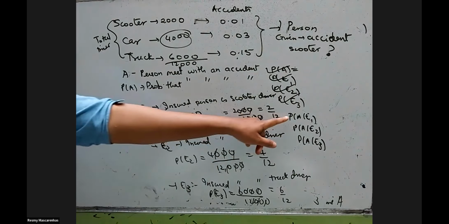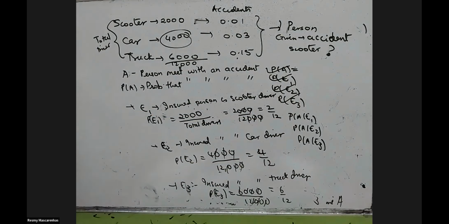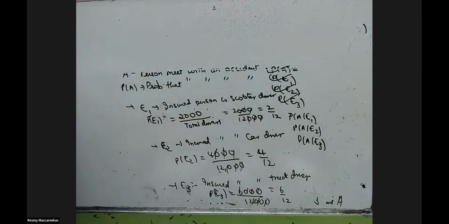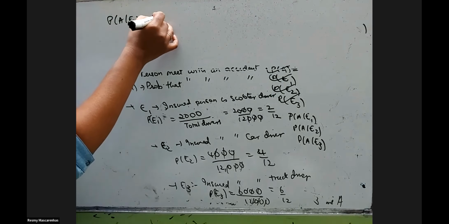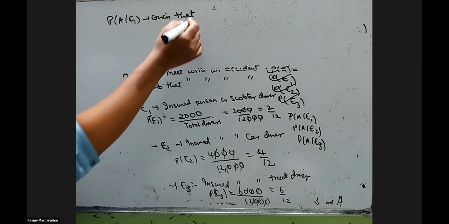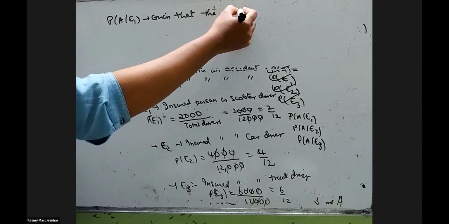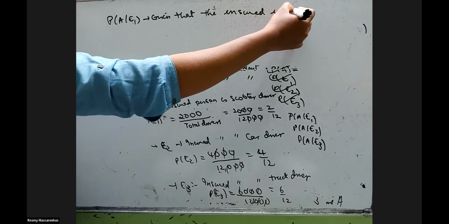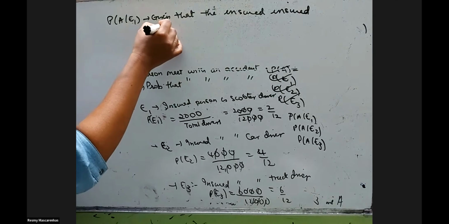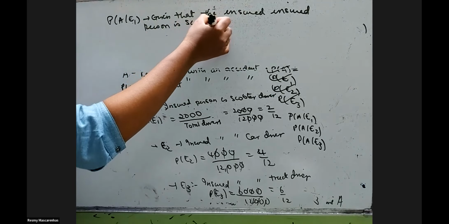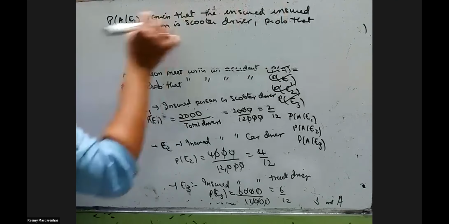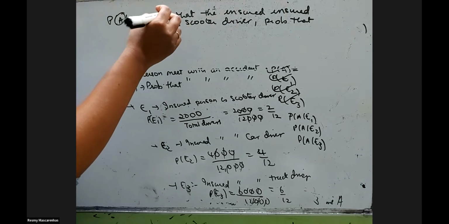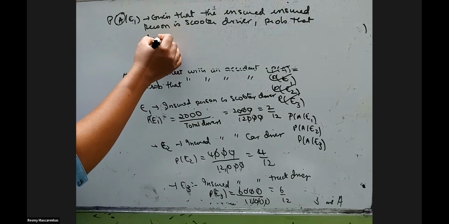Next, I have to start with this. Start reading this. Given that the insured person is a scooter driver, probability that A, means person meets with an accident.